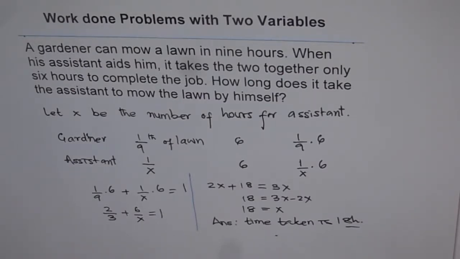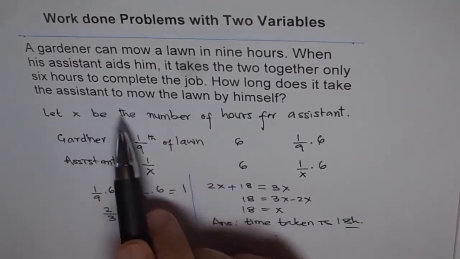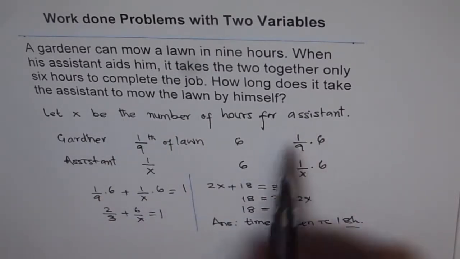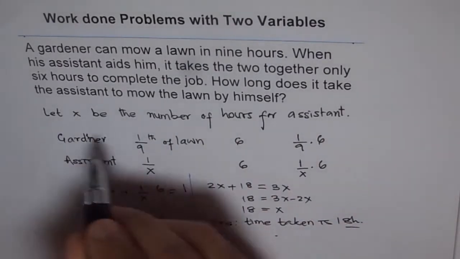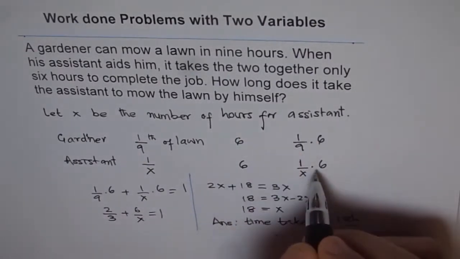Let's have a quick look at what we did here. So initially we assumed that it takes x hours for the assistant to complete the work alone. Now when they work together for 6 hours, they can complete the job.